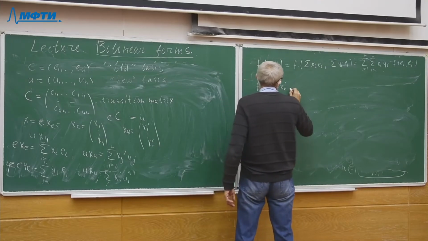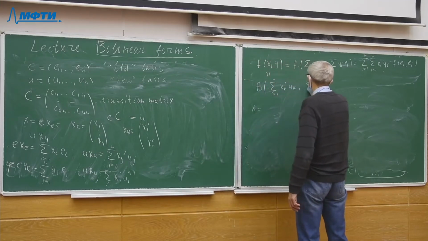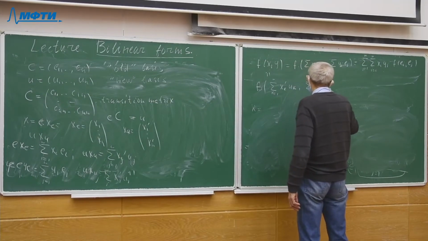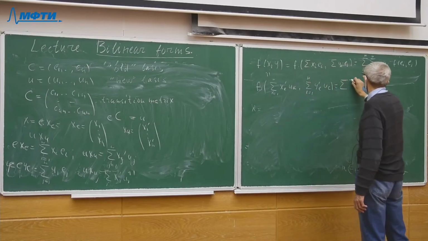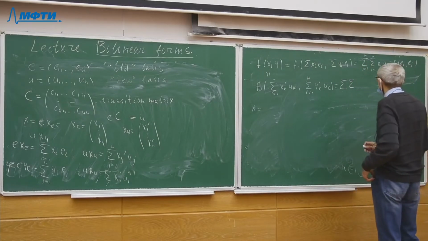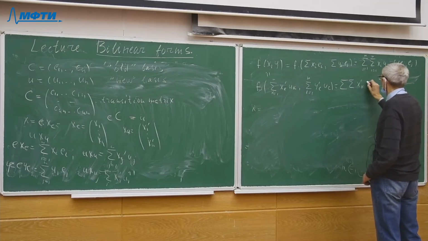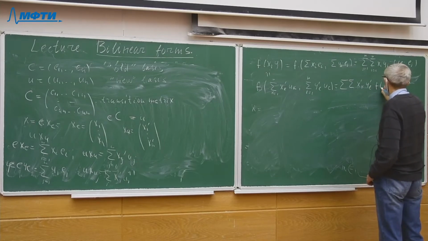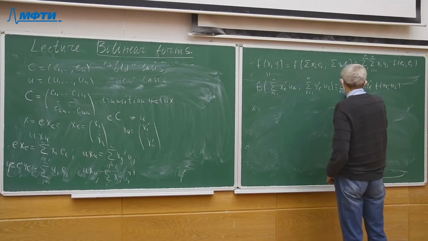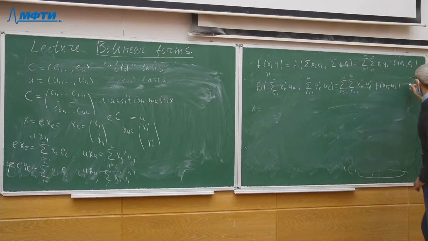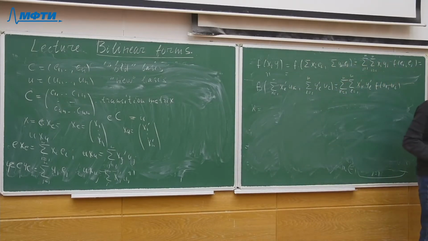x equals the sum of x'_k u_k, and y equals the sum of y'_a u_a, and we obtain a double sum. This expression we can rewrite using matrix notation.